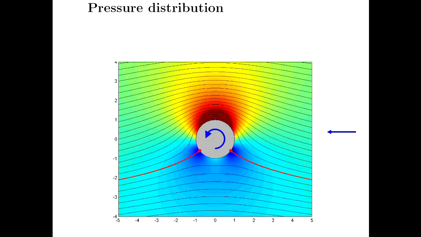The next thing we want to do is to find the pressure distribution on this flow over a rotating cylinder. Remember that Cp is equal to 1 minus Vc, the velocity on the surface of the cylinder, squared, divided by u infinity squared. We derived this in previous lectures for a flow over a cylinder.